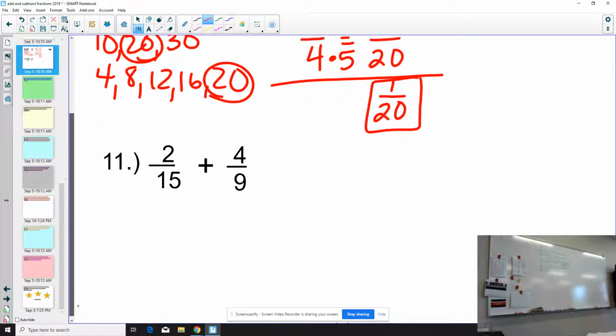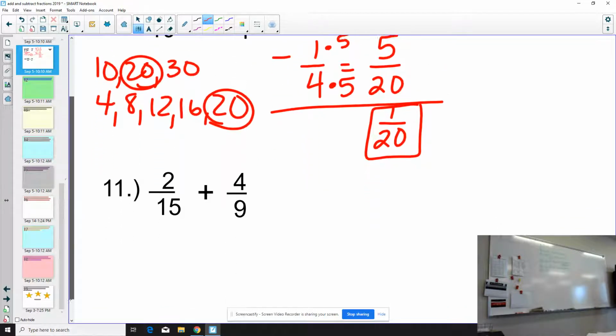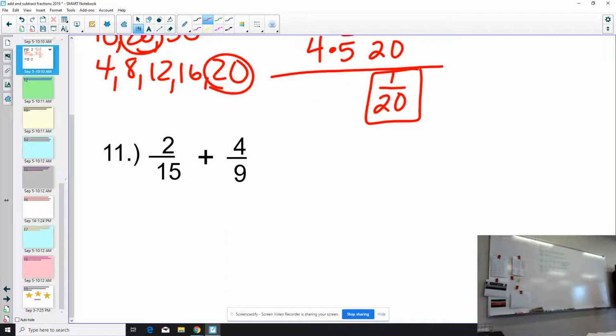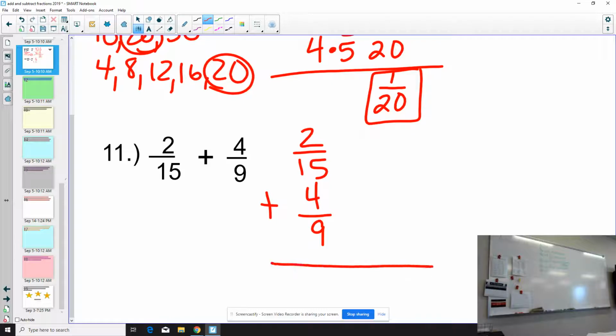Okay, so looking at number 11, when you write it in your folder or in your notebook, write it going up and down. So I'm going to go ahead and write 2/15 plus 4/9 going up and down because I have to get a common denominator. I could take 15 times 9 to get a common denominator, but that's going to be a high number.